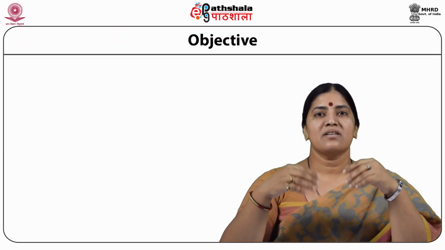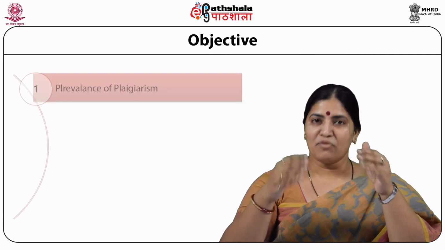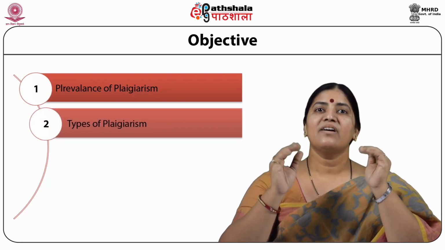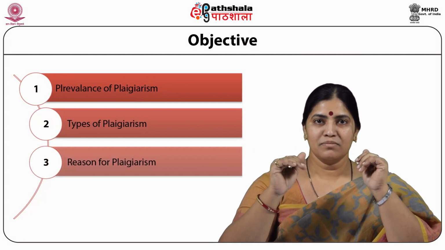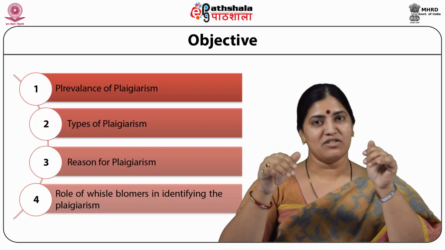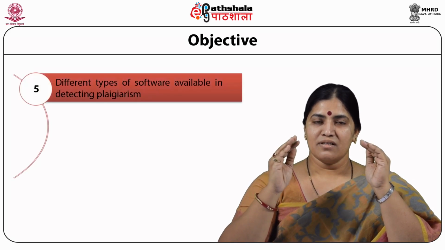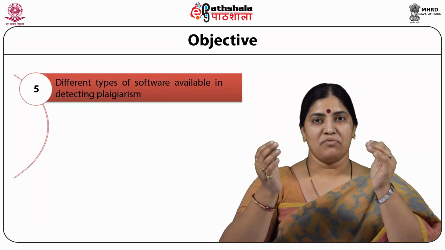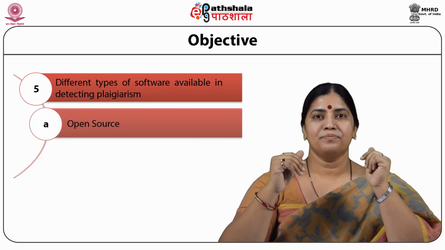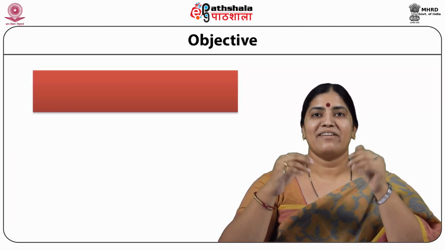The learning outcomes of this module are: prevalence of plagiarism, types of plagiarism, reasons for plagiarism, role of whistleblowers in identifying the plagiarism, software, different types of software available in detecting the plagiarism, that is the open source, and commercial softwares, that is proprietary software.